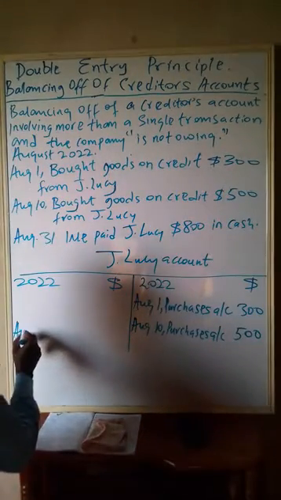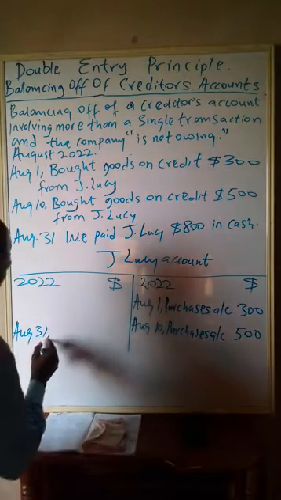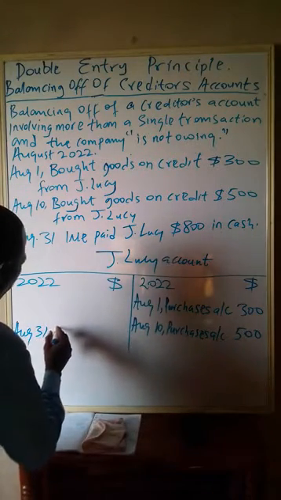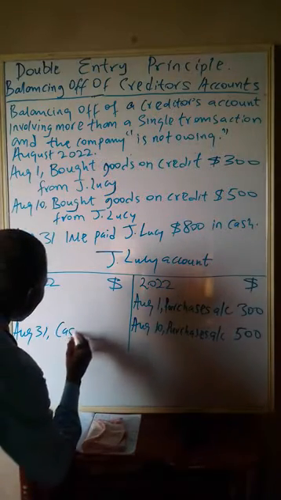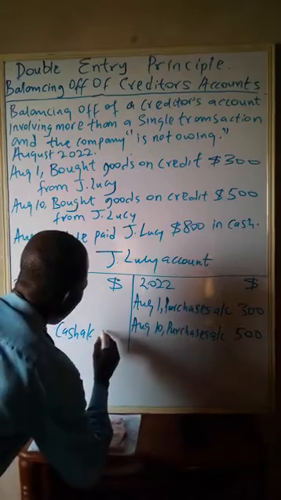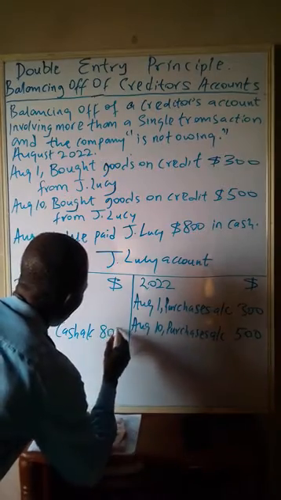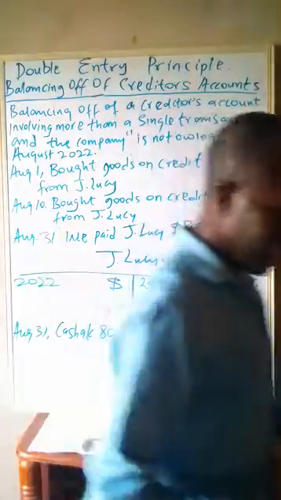August 31st, J. Lucy. We paid J. Lucy in cash, and that is the cash account. If you have been following us, how much is that? That is $800.